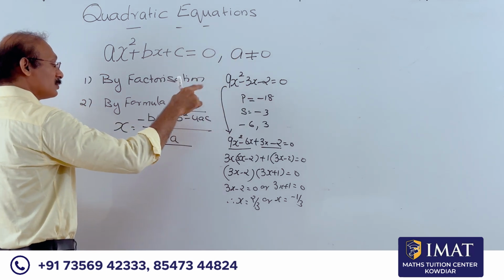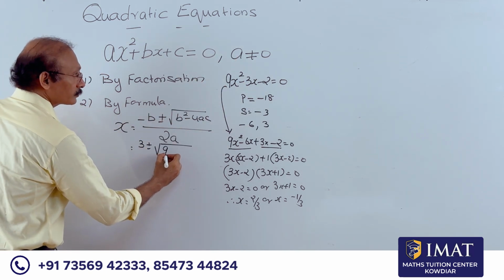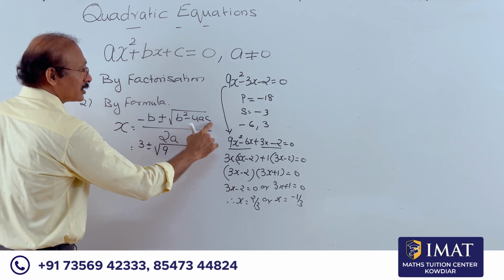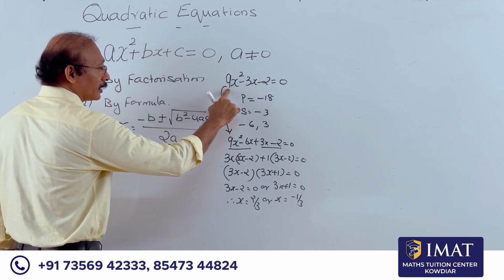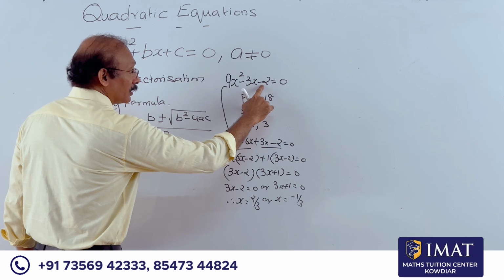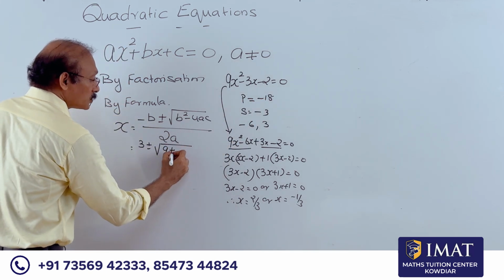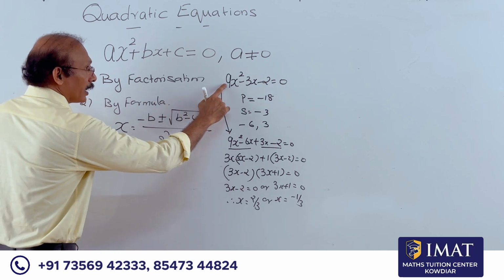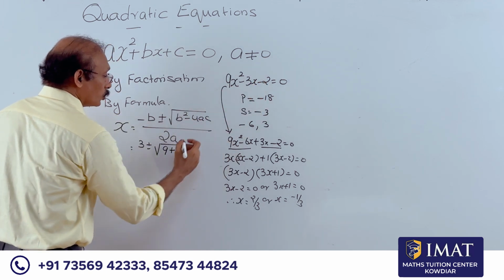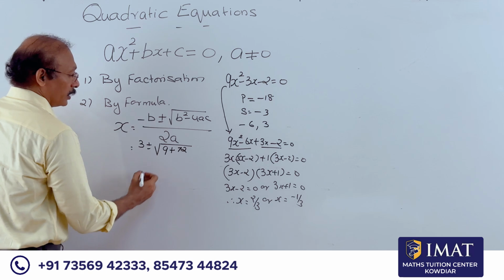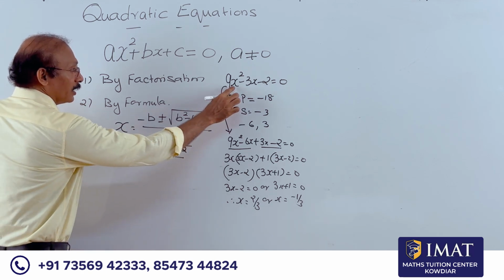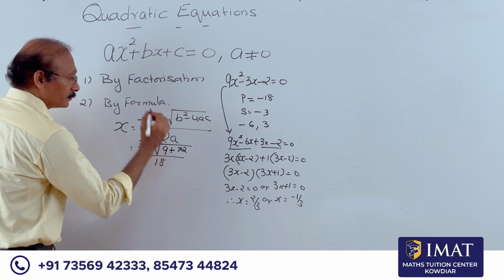Minus 3 square, which is 9. Then 4ac: 4 into a, which is 9, and c is minus 2. Here there is a minus and there is another minus, so it becomes plus. So 4 into 9 is 36, 36 into 2 is 72, divided by 2 times a, 2 times a is 18.